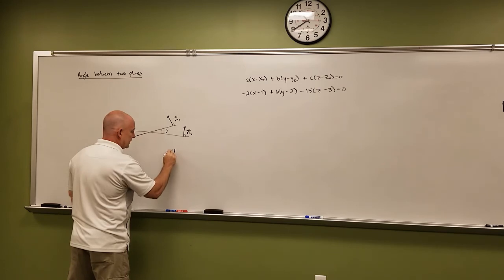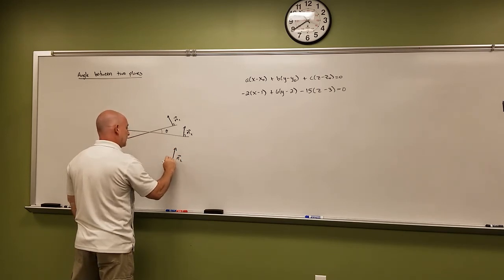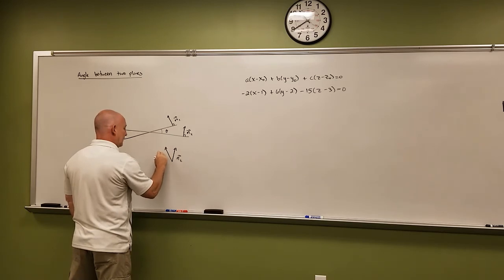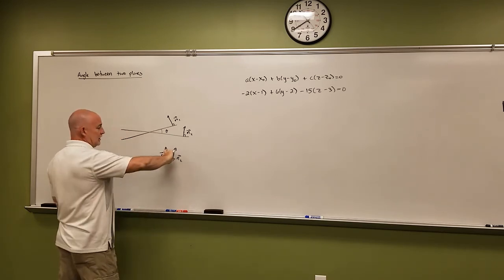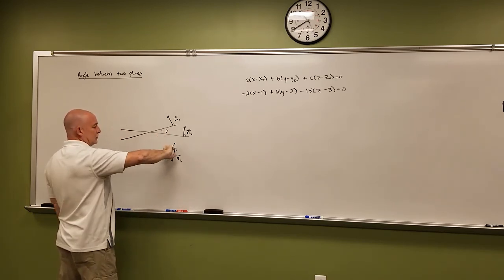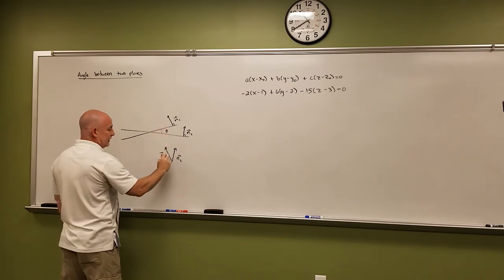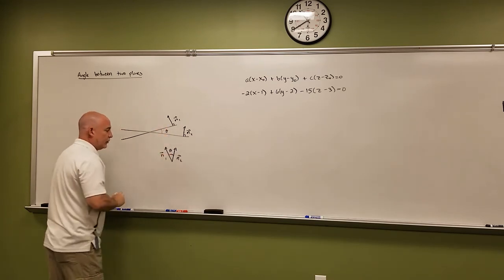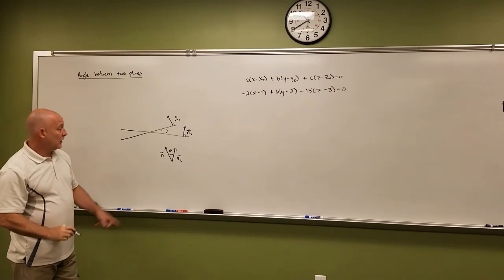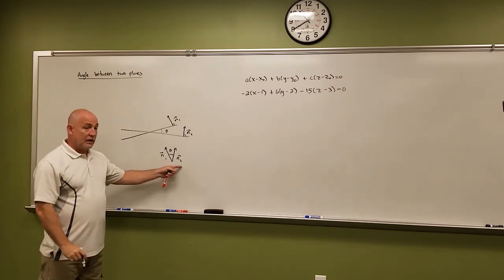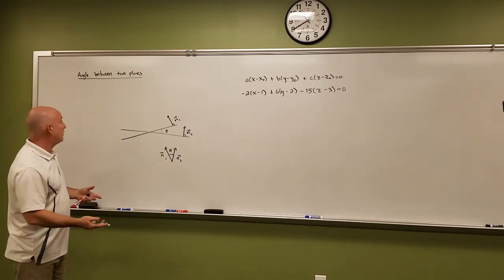So this one kind of looks like that, so that's N2. And this one kind of looks like that for N1. Well, if you rotate this, you would see that that would fit exactly right there, which means the angle between those would be theta.